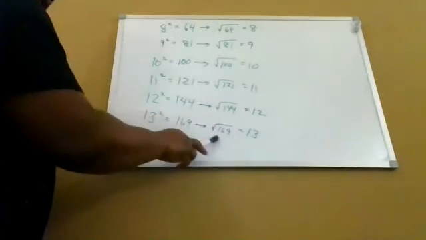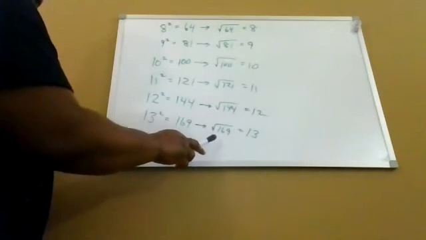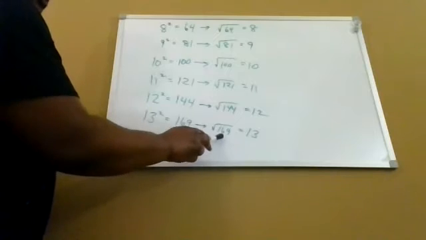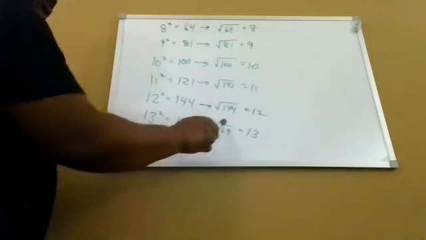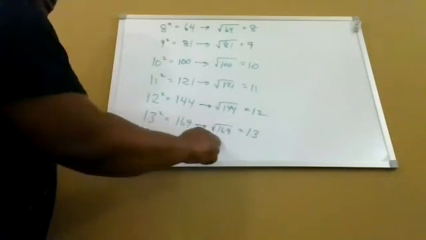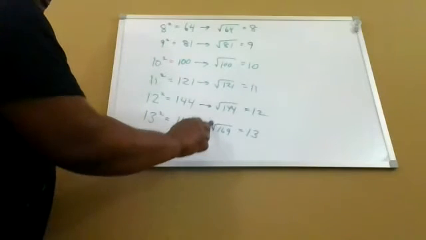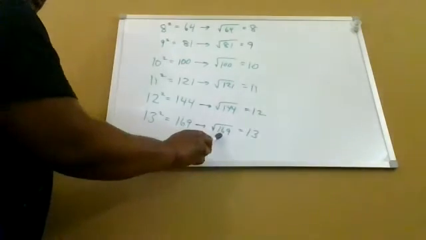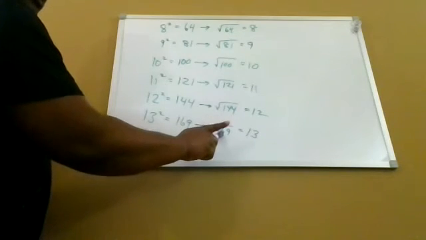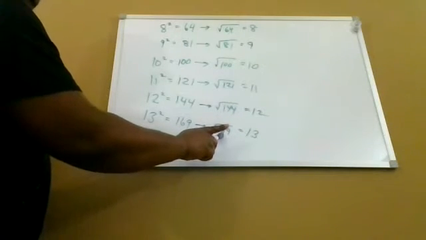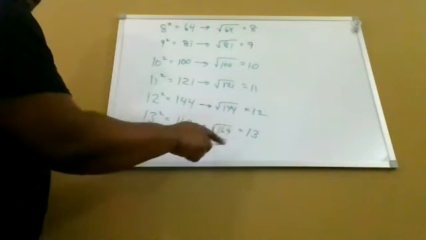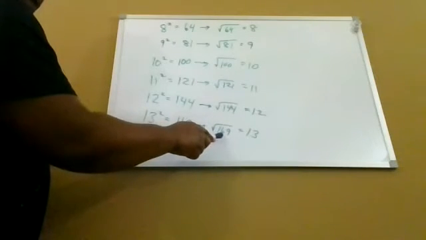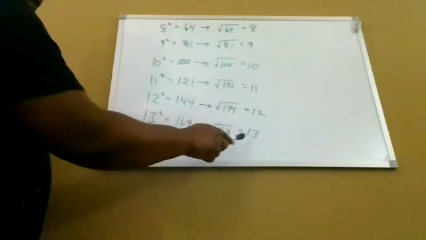Now, when I look at the square root of 169, I know that that equals 13, because the question, again, I want to reemphasize, that we're asking here, when I see a square root and a number, is: what one number did I multiply by itself twice to get 169? In this case, the answer is 13.